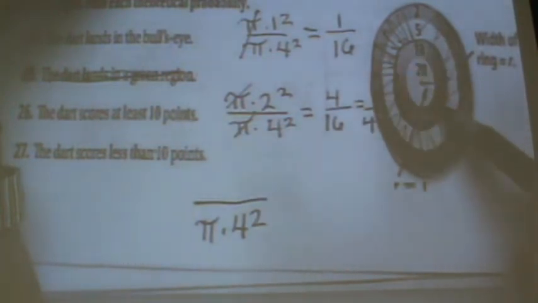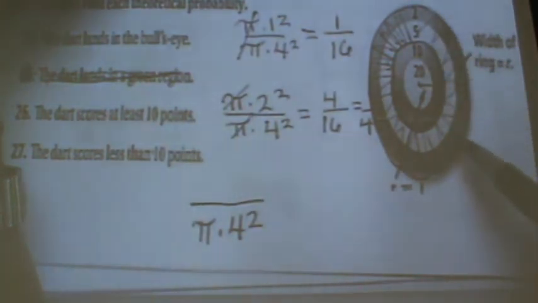And the last one, the dart scores less than 10. I need the area of this piece right here over the area of the total. We know the total. To figure out this piece, you take the area of the whole thing and subtract the area of the inner piece.